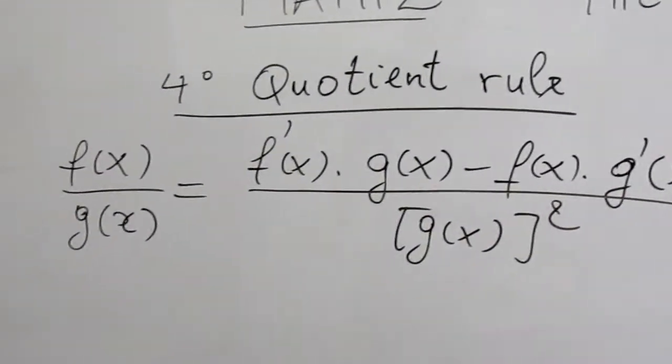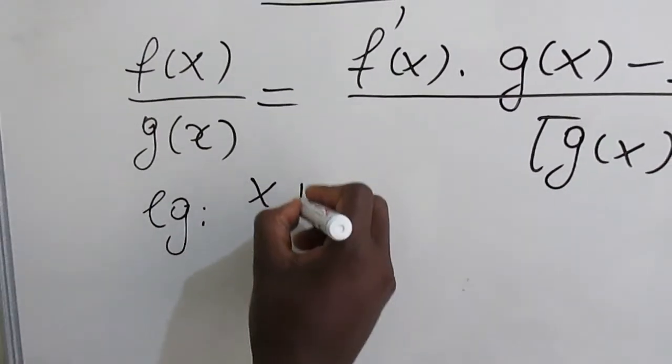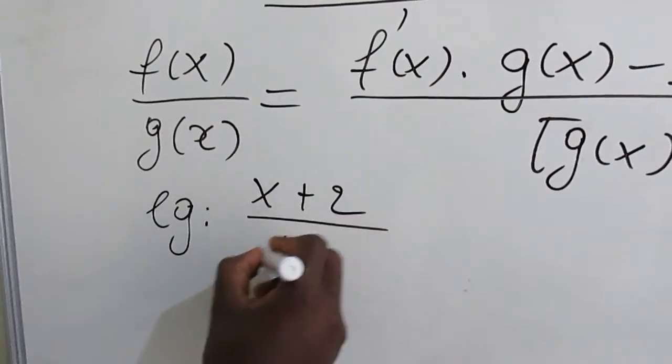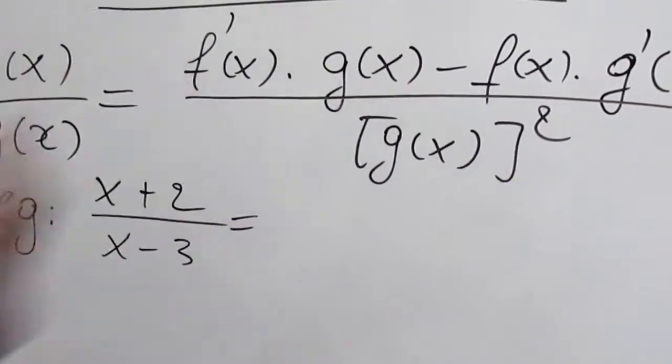Let's now illustrate it by an example. When we are given x plus 2 over x minus 3, you do the same thing as it is there.